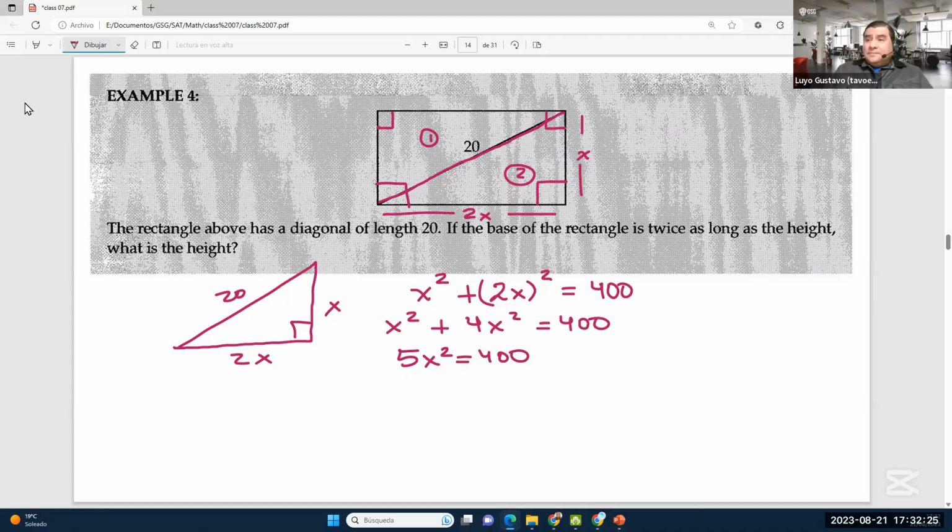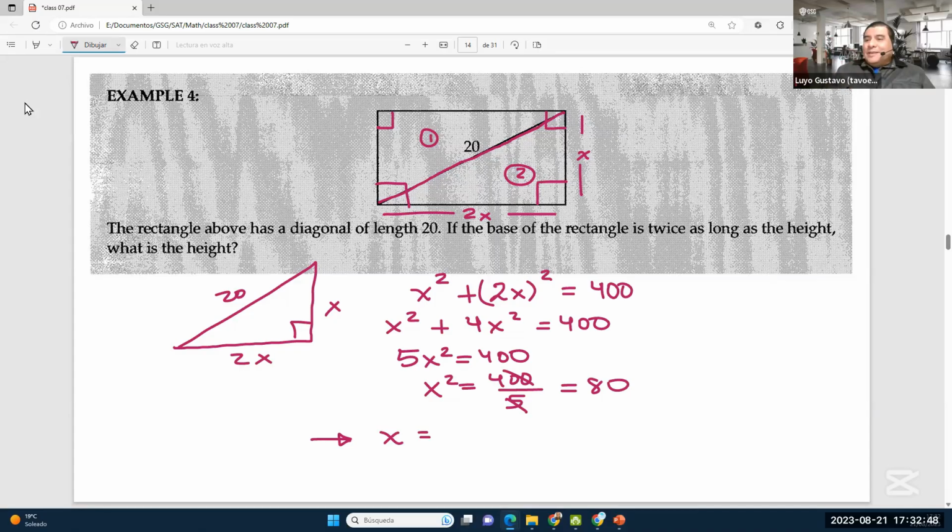We can isolate. Remember, 400 divided by 5 is 80, right? And x squared equals 80. Therefore, x equals, okay, be careful here with your algebra.